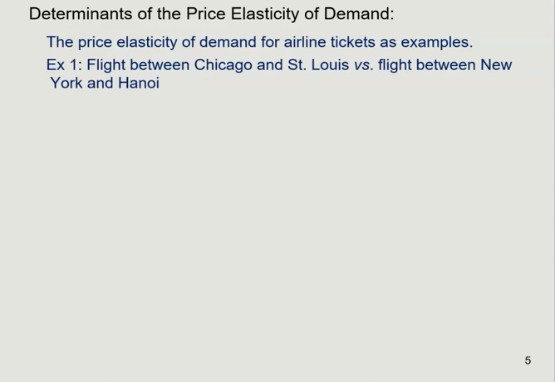Here you would find that the flight between Chicago and St. Louis is going to be more elastic. Why? Because this is a short-distance flight. If the price changes, some passengers, not all, may choose to travel by car, right?